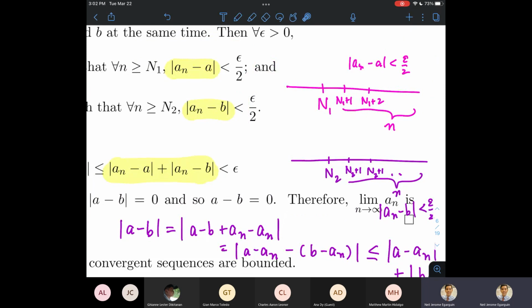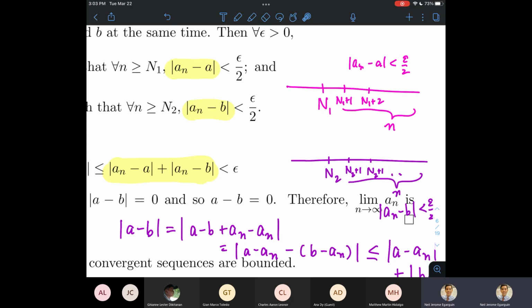So when I add them up, I'll get the epsilon that I wanted. Okay? Or actually, it's not required to have epsilon over 2. Pwedeng ito ay epsilon over 3, tapos ito epsilon times 2/3, which is perfectly fine. So you can be creative with it. You can use epsilon over 6, and then here you'll use 5 epsilon over 6. That's perfectly fine as long as they add up to epsilon.